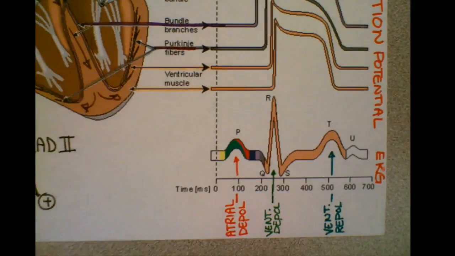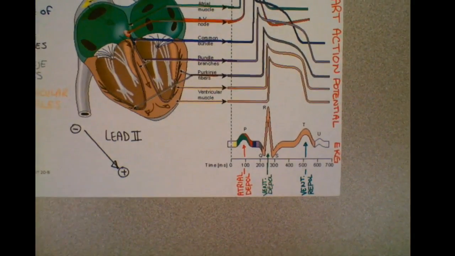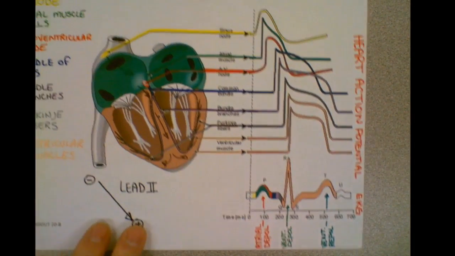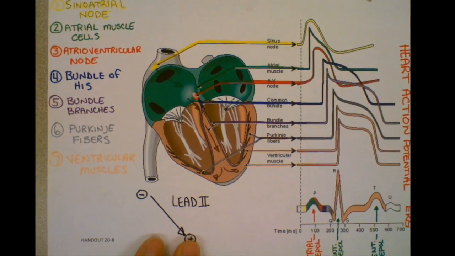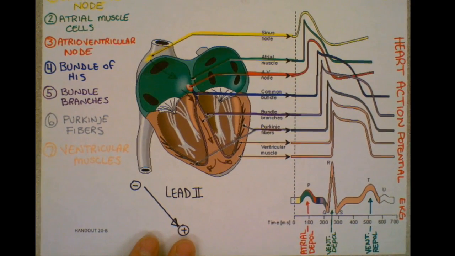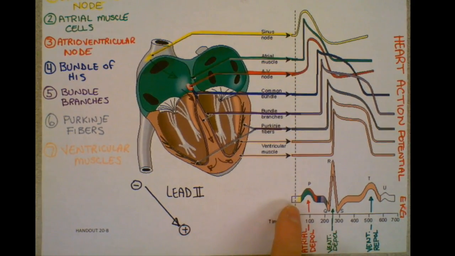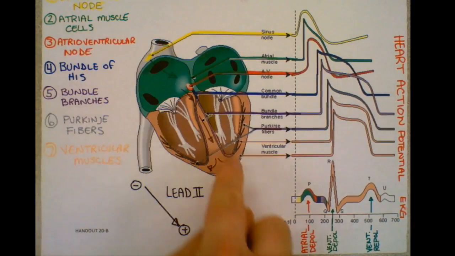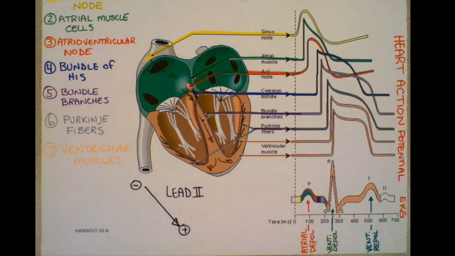Now, what's really cool about this handout, if you print it in color, everything is color coded. So you can see where the EKG is in color to how this action potential is moving through the heart.